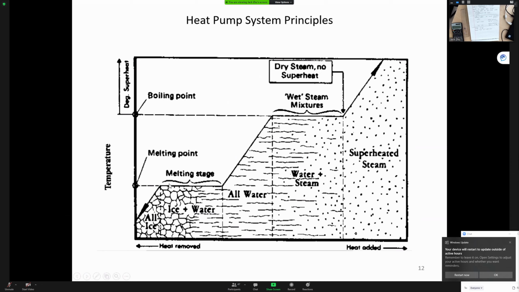You increase the temperature, your melting stage. Here's the latent heat of fusion. Then you can increase the temperature of the water. Then here's the mix of the water and the steam. Here's the latent heat of vaporization. Then here it becomes dry steam. You can keep increasing the temperature, or you can go reverse this process.